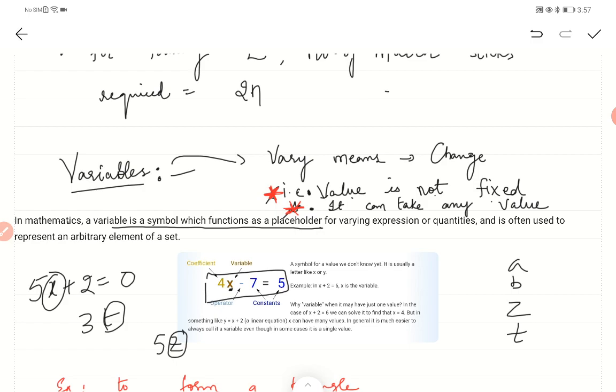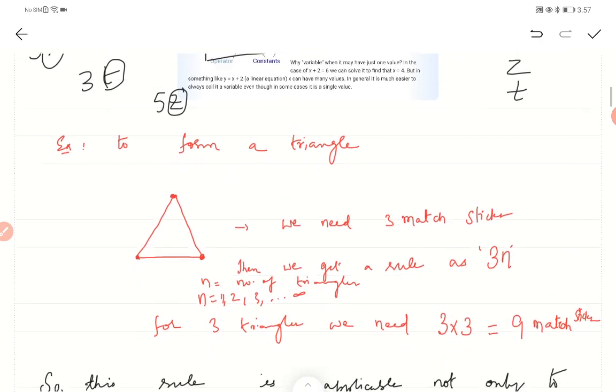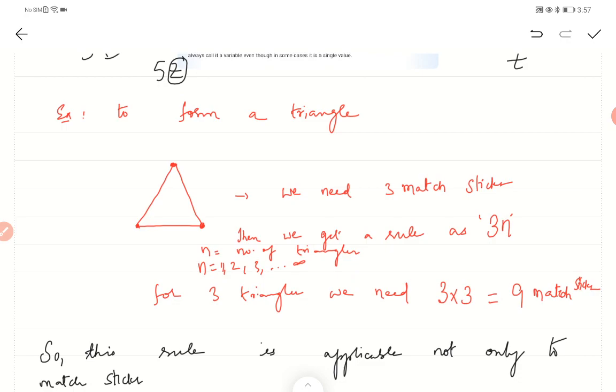So it can give a solution, but it will not be fixed, and it can take any value. As giving a solution to any expression or equation, it can take any value. When we move on, you will understand this.